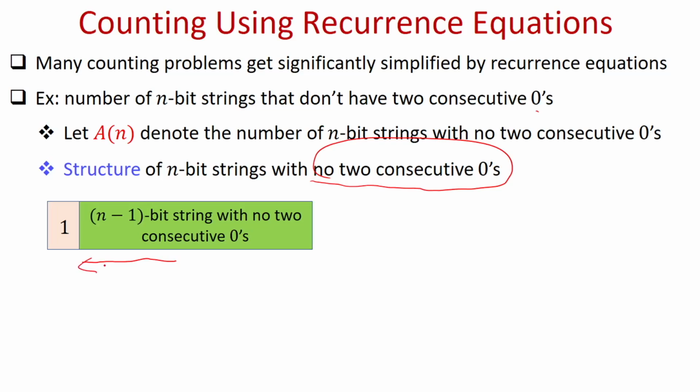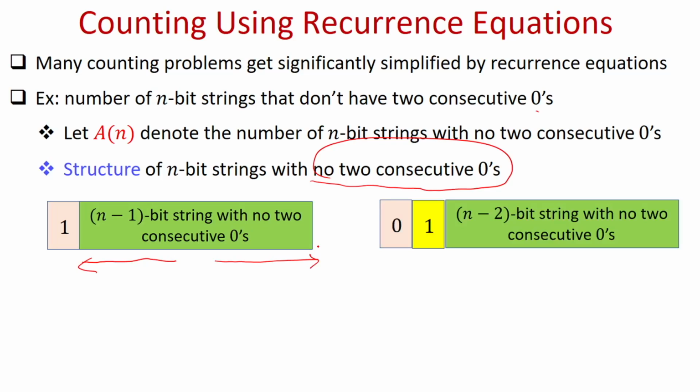n minus 1 length substring should not have any occurrence of two consecutive zeros. Because if two consecutive zeros occur anywhere in the remaining substring of length n minus 1, then the overall string cannot be a valid n-bit string without any occurrence of two consecutive zeros. That's not going to happen. So that's one possibility.